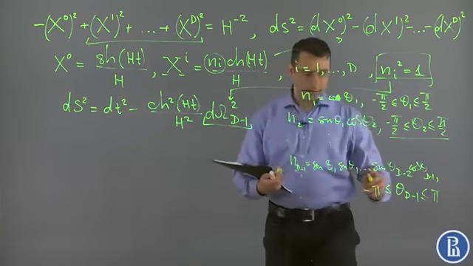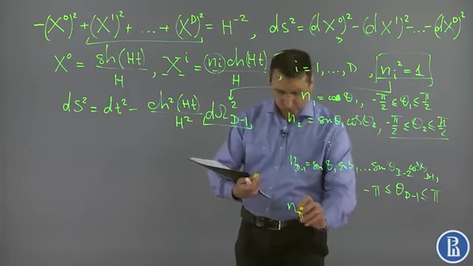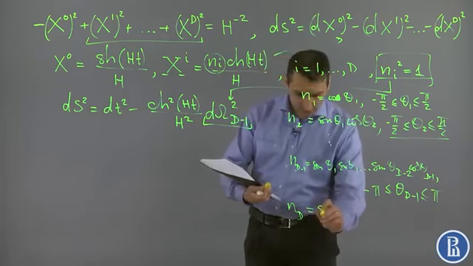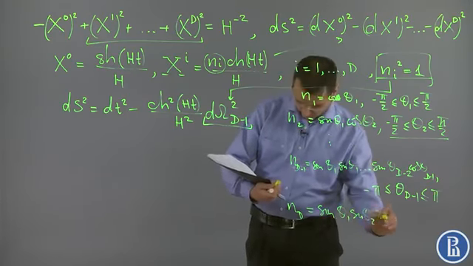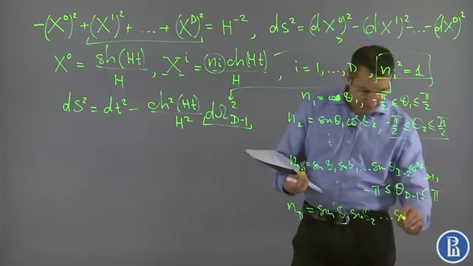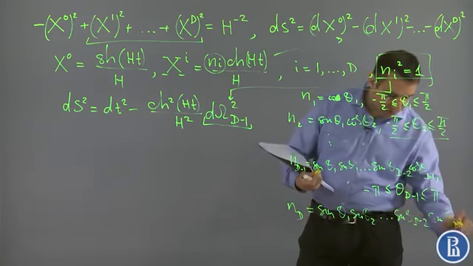Let me finish first and then I'll explain what is going on. And nd is equal to sine theta 1, sine theta 2, sine theta d minus 2, sine theta d minus 1.